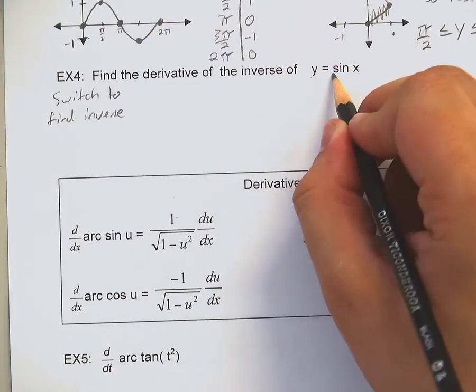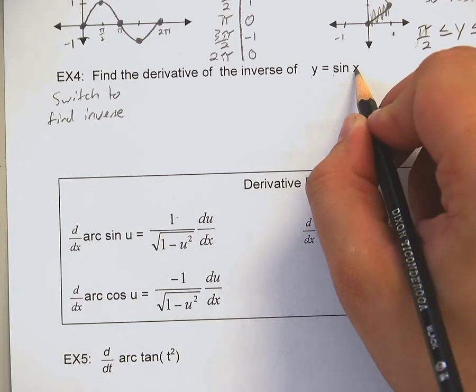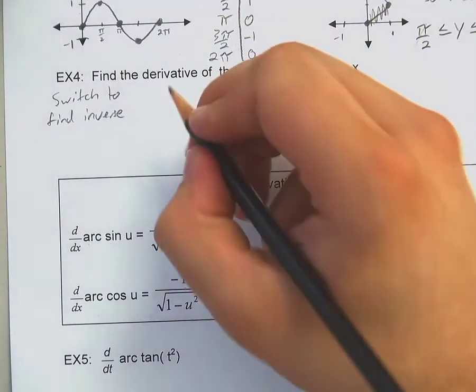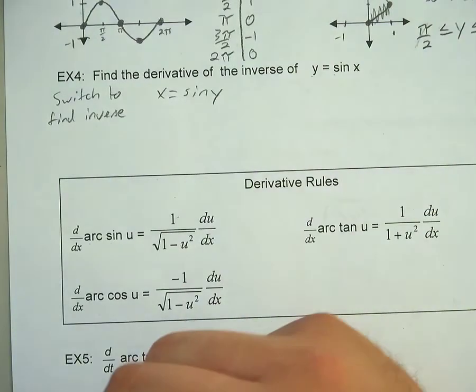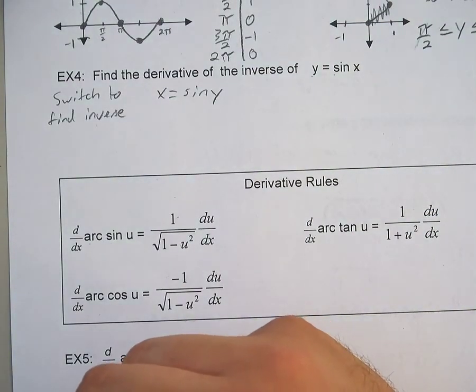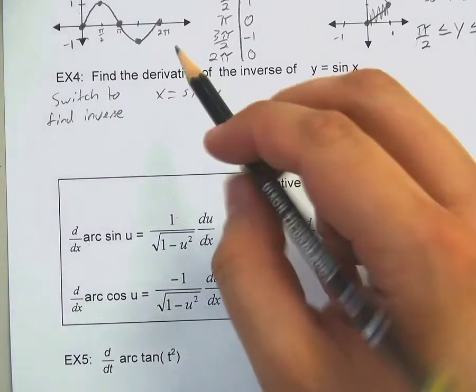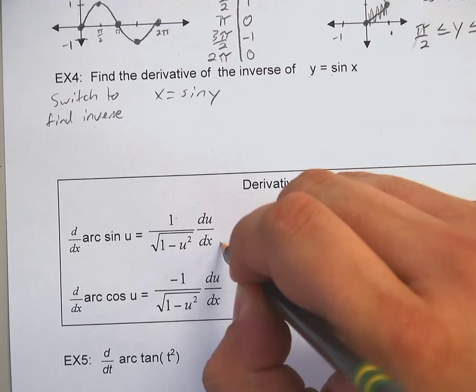The inverse of y equals sine x. So the inverse of that is going to be x equals sine of y. And then let's take the derivative of that, right? Now what I'm going to show you here is how we come up with this stuff over here.